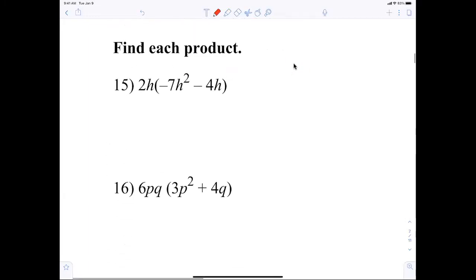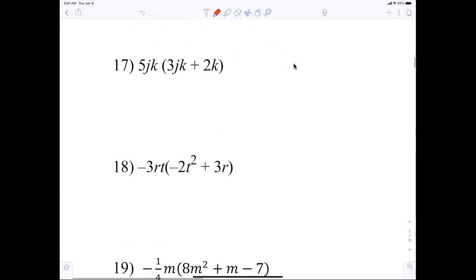Number 15. Now again, we're just distributing the 2h. Distributing the 2h. Negative 14h cubed minus 8h squared. Any issues with that? 17.